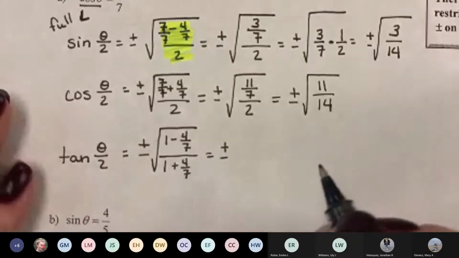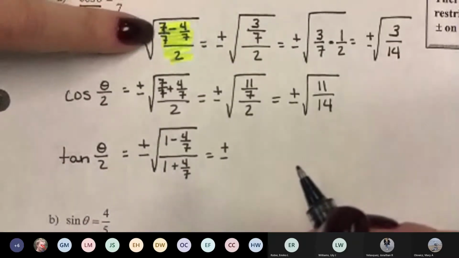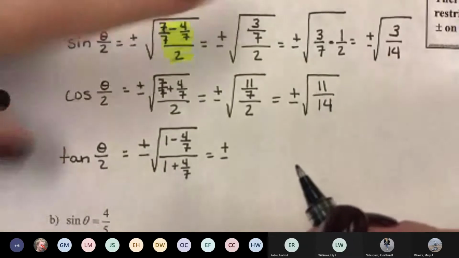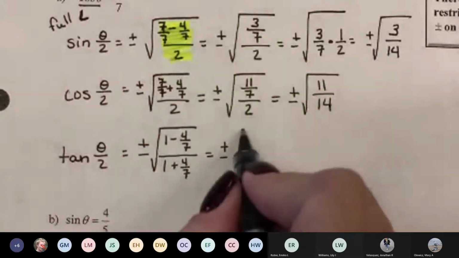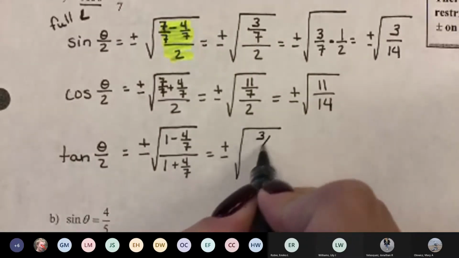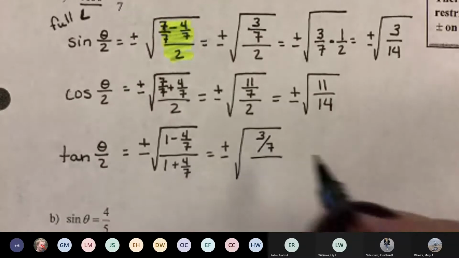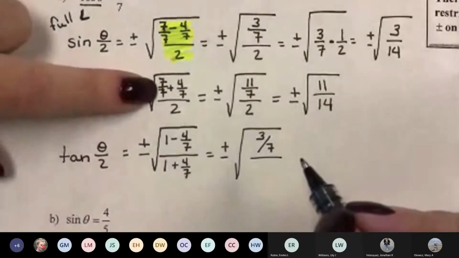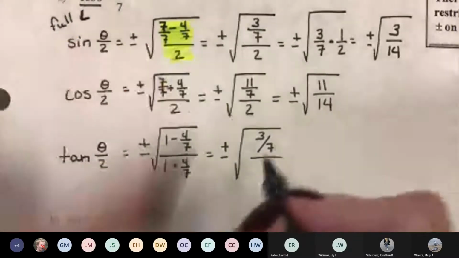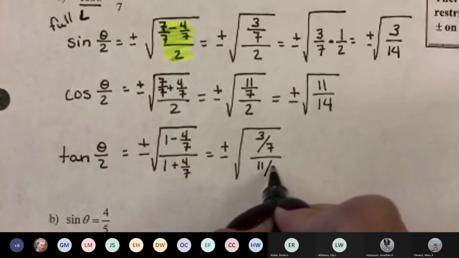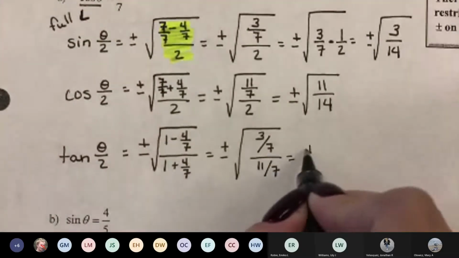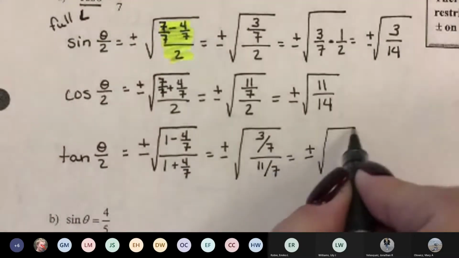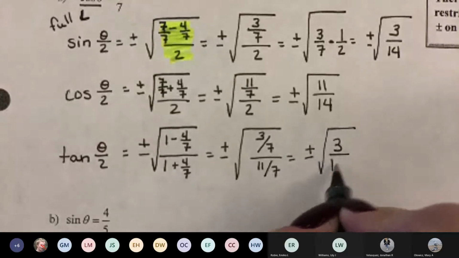Using what I know from up above, that 1 minus 4/7 was 3/7. Using what we did up here, 1 plus 4/7 turned to 11/7. And I got 3/11, and I'm done.